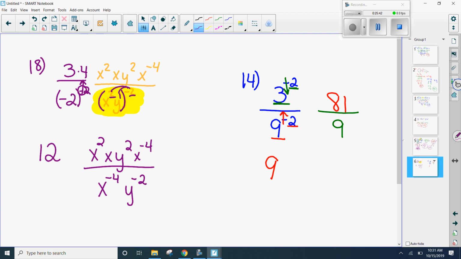Now you want to simplify. To simplify, what are you going to do to these exponents now? Add them together. So there's a 1, so you get 2 plus 1 is 3, minus 4 is negative 1. You get y to the second. In the denominator, we just have that x to the negative fourth, y to the negative second. What do you do from there?